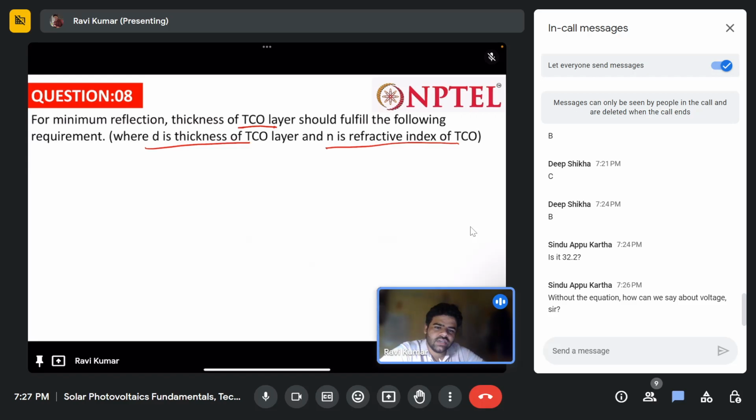There will be some change in voltage, but it is exponentially related with the insolation or intensity, so the change in voltage will be minimal. We can't say exactly how much, but to get the exact value we need the equation.